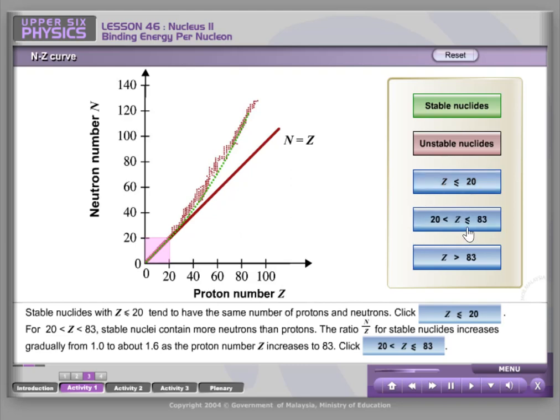The ratio N over Z for stable nuclides increases gradually from 1.0 to about 1.6 as the proton number Z increases to 83. Click the Z > 20 and Z ≤ 83 button.